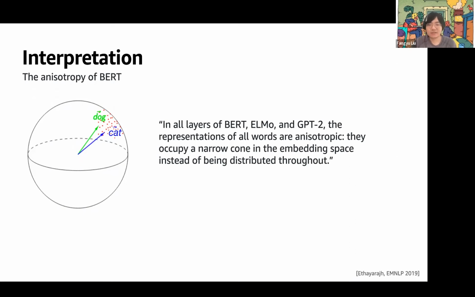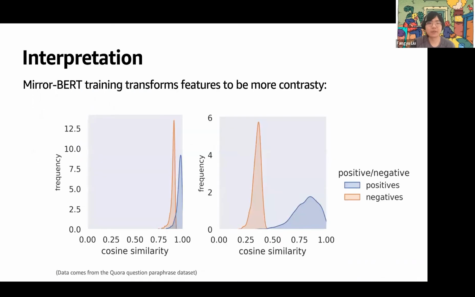This is a problem caused by the training objectives of these language models, which we will mention later on. We believe this is the main issue we need to address, and this is probably what the Mirror-BERT method has addressed to achieve very good performance.